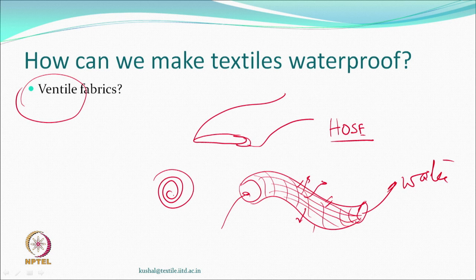So, storage space becomes less. Whenever you open, it will open, and then you pass the water, it will become cylindrical, and then after some time water may not come out at all. So, these type of fabrics were called Wintile fabrics. So, that is one of the ways, but there are other ways to make fabric waterproof.